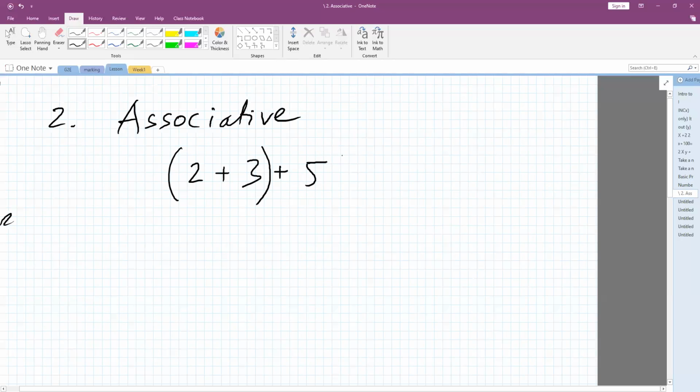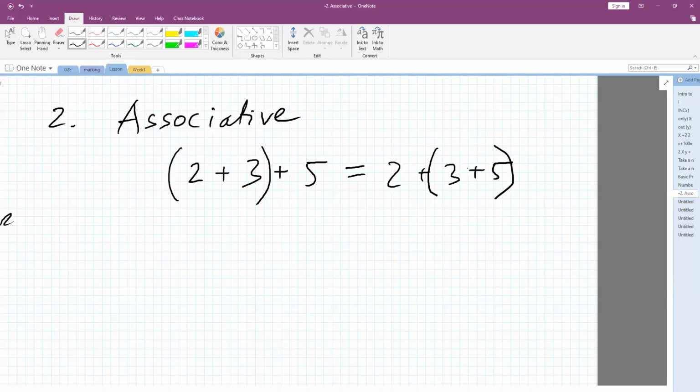But it is the same thing if you do the 3 plus 5 first, and then 2 plus that. So this is for an expression that has more than 2 terms.